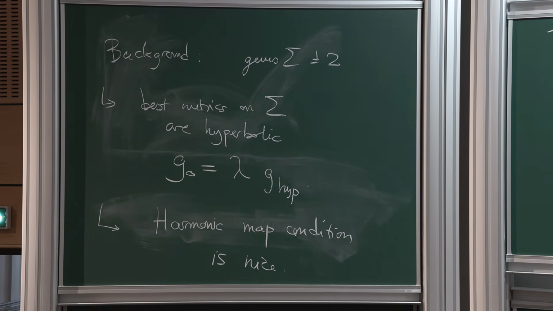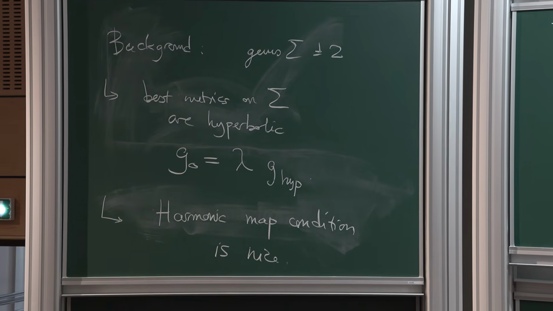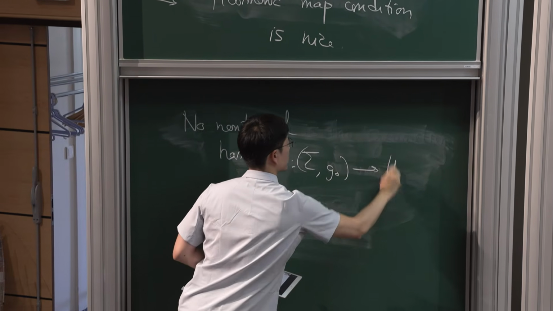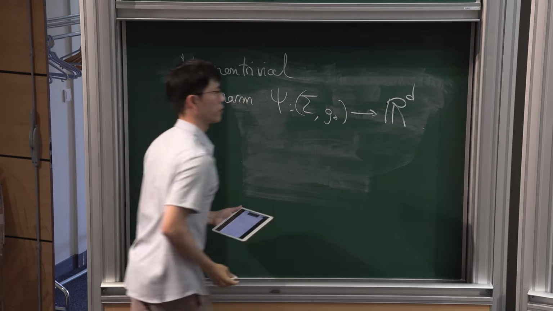Now, if you want to work with harmonic maps from a surface to Rn, you're a little bit in trouble because due to the maximum principle, you don't have any non-trivial such maps. So any harmonic map from a closed surface to Rn is going to be trivial. It's going to have a point as image. So that's just the maximum principle.